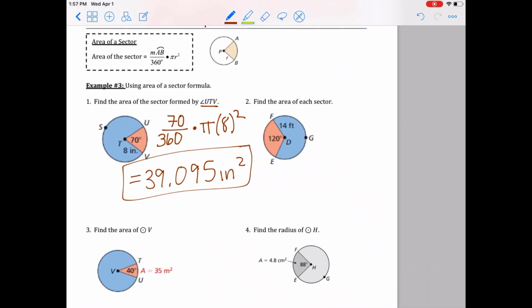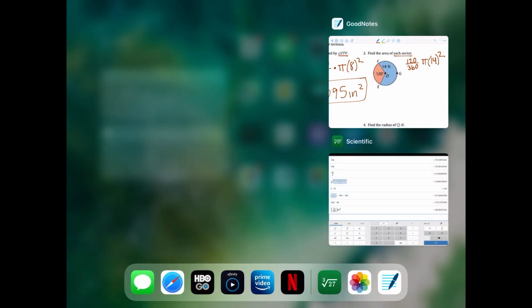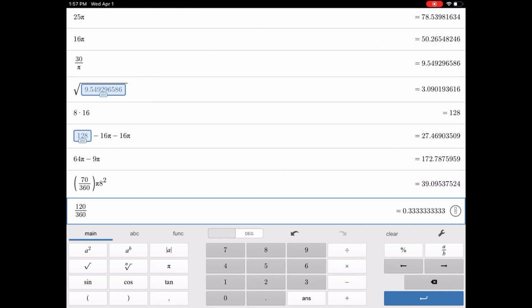Okay, for the next one, it does say each sector, so we are going to have to find the area of the orange and the area of the blue. So let's start with the orange. We have our 120 over the 360 times pi r squared, where the radius is 14. Let's do that. 120 divided by 360 times pi times r squared.